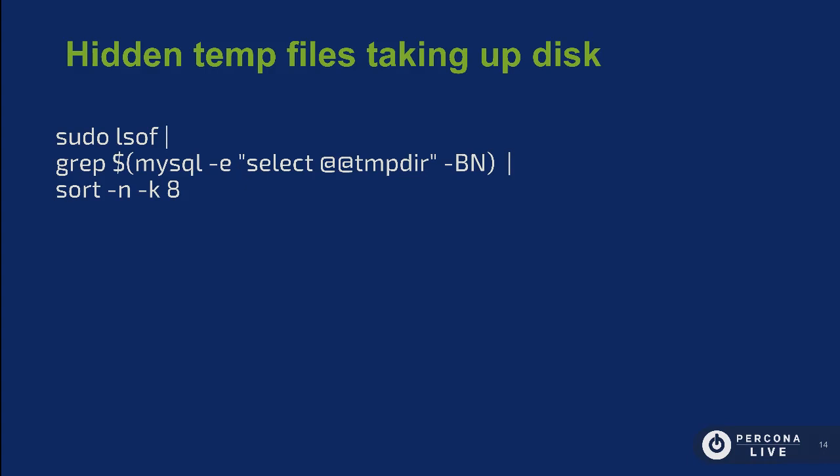Well, you can use lsof to look at the list of open file handles and use that against your temporary directory to see if someone's running an extremely large select with some sort of order bys or group bys that are generating a lot of temporary files for a lot of queries, to see if that is what's eating up the space.